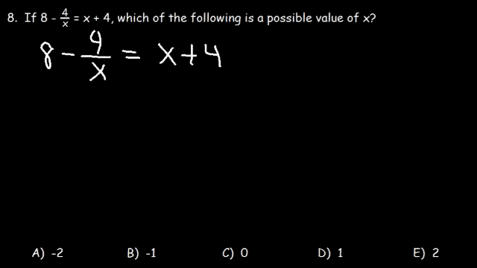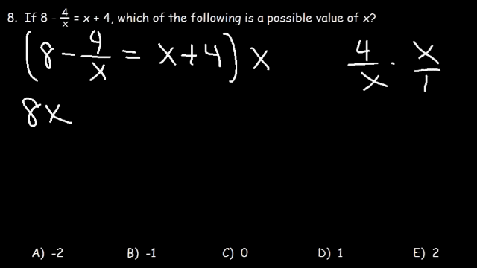So notice that the denominator of this fraction is x. So I'm going to multiply both sides by x. So x times 8 is equal to 8x, and 4 over x times x is equal to 4, because the x values cancel.